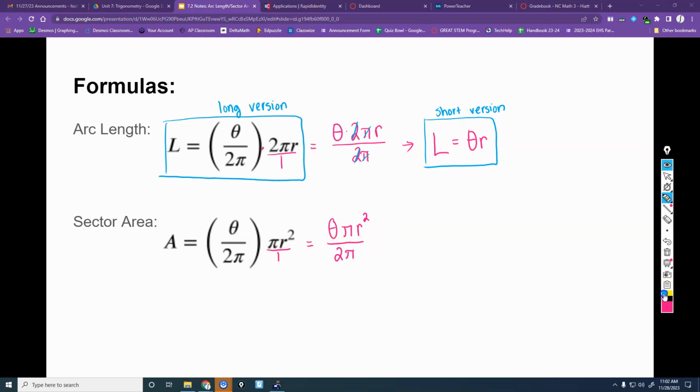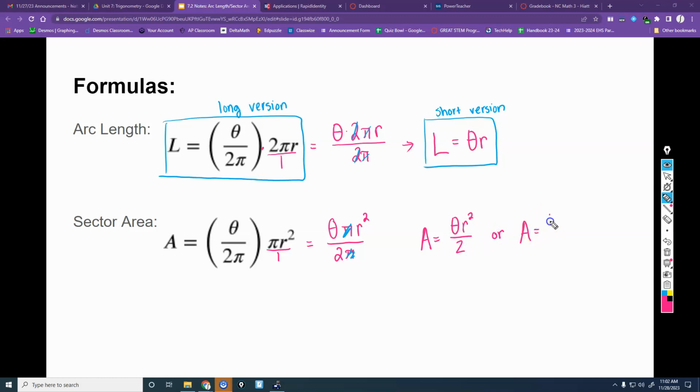Do I have anything that can cancel there? Just the pi, right? So for this one, my area formula can be theta r squared divided by 2, or if you would rather, you can write it this way.